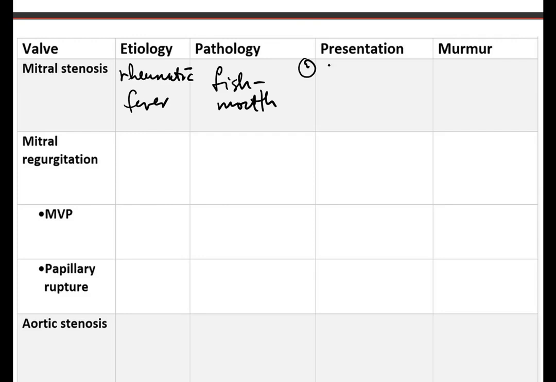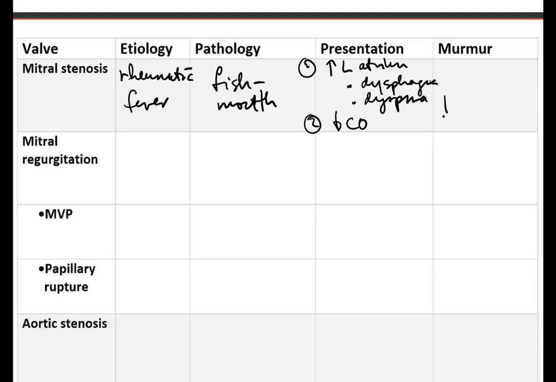The presentation is going to be twofold. The first is, remember, you're going to get a really big left atrium. That can create a mass effect, which can give us a mild degree of dysphagia by pushing on the esophagus, and it can even push on the trachea and give some mild degree of dyspnea. But at the end of the day, there's decreased filling of the left ventricle, and so they're going to present with forward failure from decreased cardiac output.